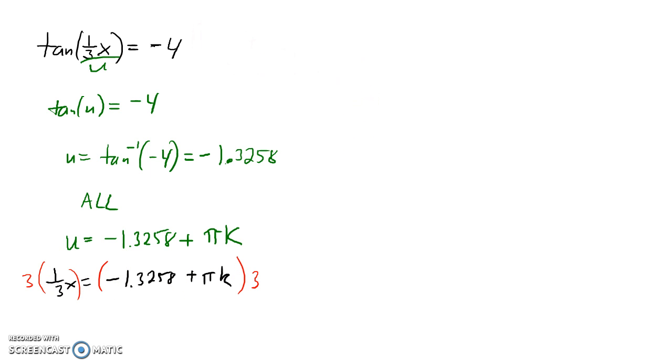And we'll end up with x equals, let's see, if I multiply that number by 3, I get -3.9775, roughly, plus 3 pi k. Now, if we wanted, say, the first 2 or 3 positive solutions, well, this solution's not positive, so we wouldn't bother including it.